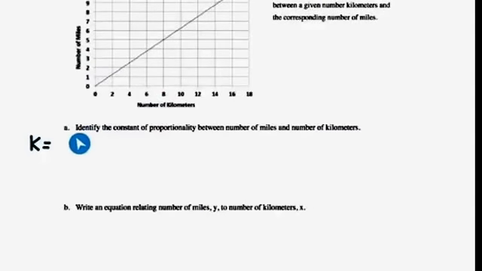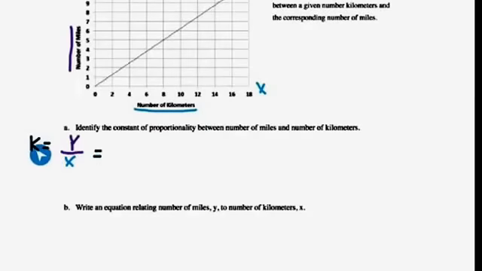Part A, our job is to identify the constant of proportionality between the number of miles and the number of kilometers. So the constant of proportionality k is equal to y divided by x.